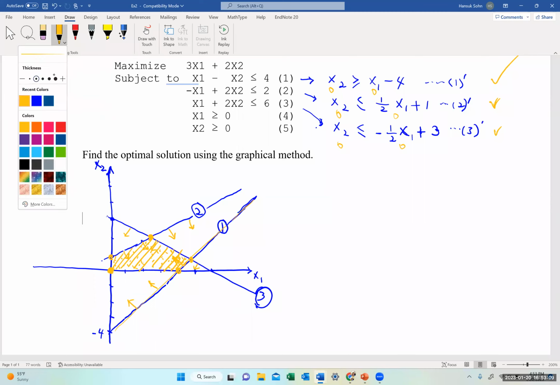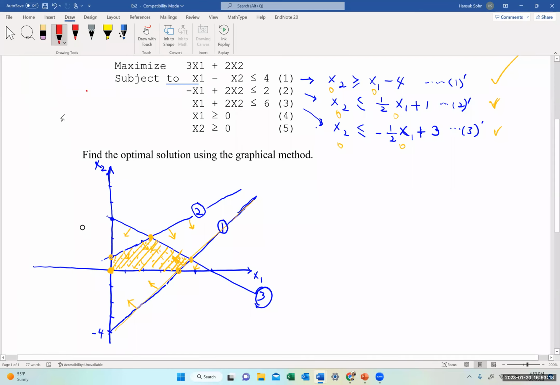Let's change the color. So let's choose any point in the feasible region. Like I said, it could be from inside the feasible region, or the boundaries, or a corner point.